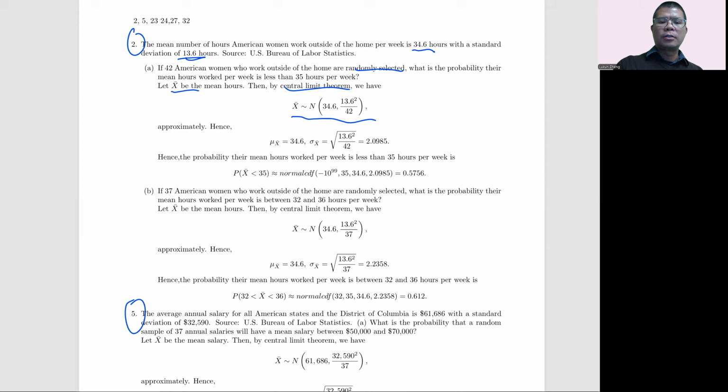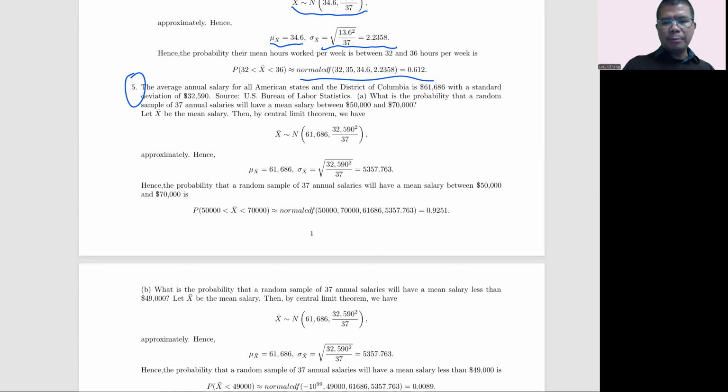So what's the probability? So mu of x bar, sigma of x bar, right? So then this one is about this. If it's 37, then it's going to be a distribution like this, mu of x bar, sigma of x bar, and then this one is like this.